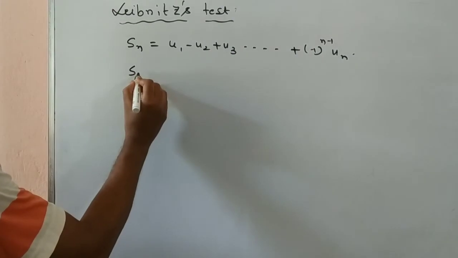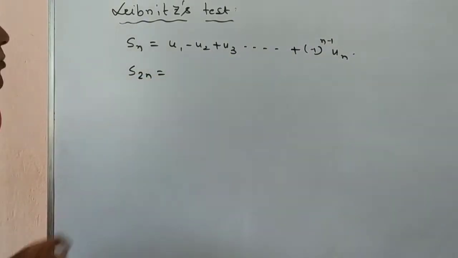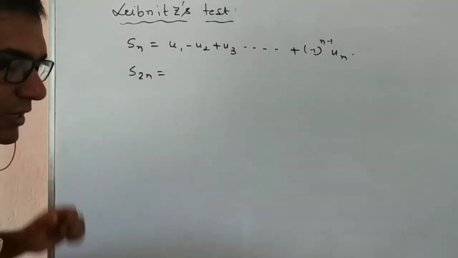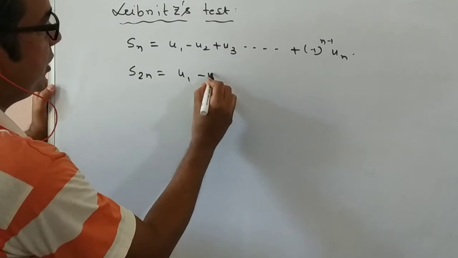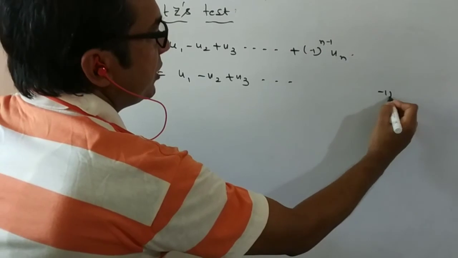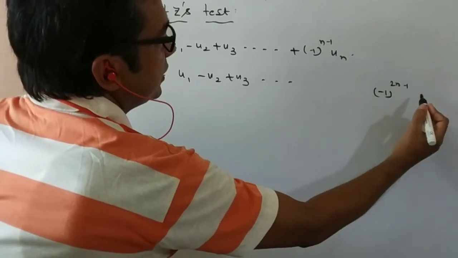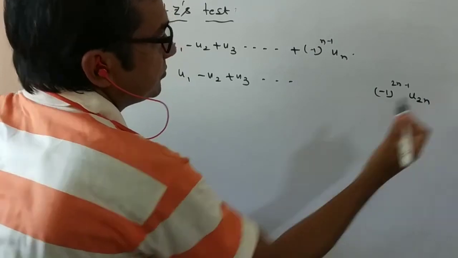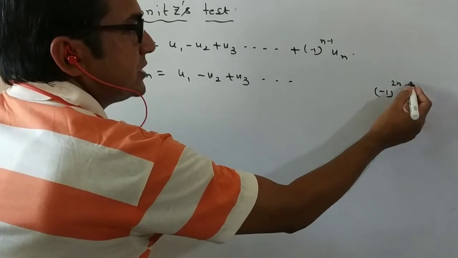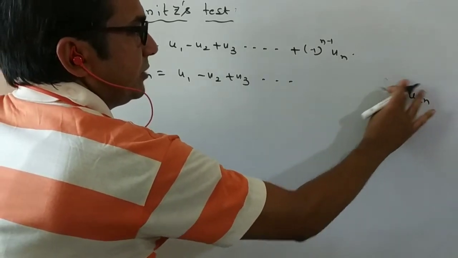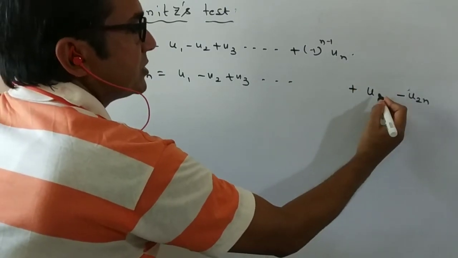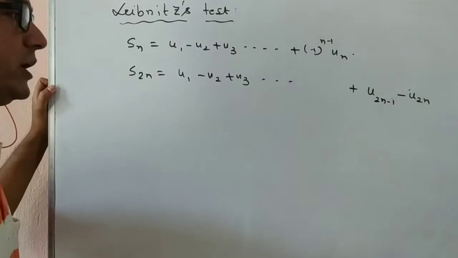Now if we take S2n, the 2n partial sum, then obviously u1 - u2 + u3 up to, obviously this term is (-1)^(2n-1) u2n. Since 2n minus 1 is odd, this must be negative, so the previous term must be positive.